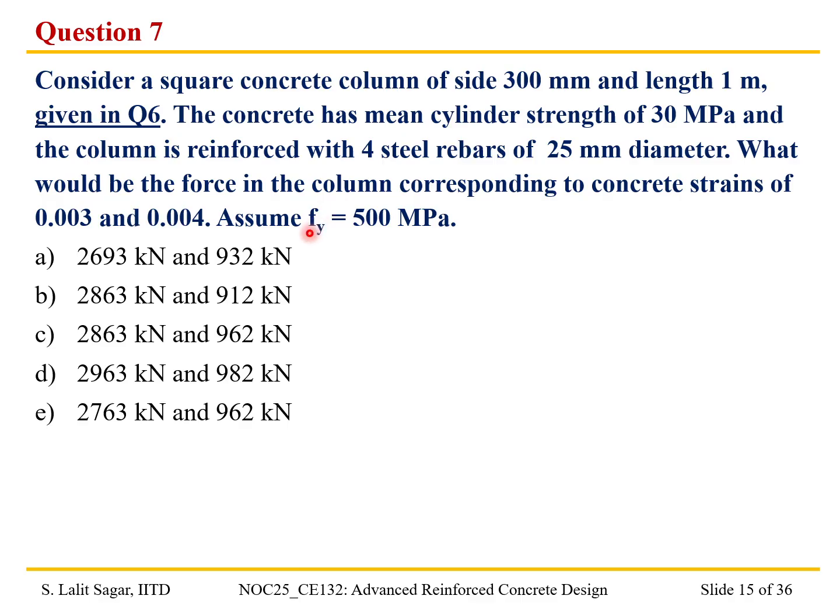Again, assume the value of Fy as 500 MPa. Kindly take 2 to 3 minutes and let me know what would be the correct answer. I'll be solving the problem along with you.